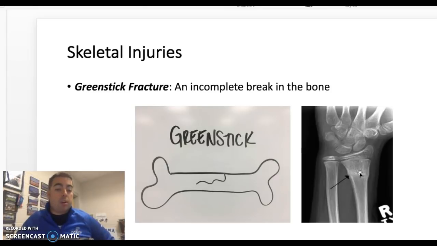You're probably going to, well, you're definitely going to have an x-ray done. And then they are going to set or cast the fracture so it heals properly. Okay, so what I want you to do is to put in your notes specifically that all skeletal injuries are treated by a medical professional. Okay, so on your assessment, if I asked you, how do we treat skeletal injuries, you can say, hey, we treat them by a medical professional.